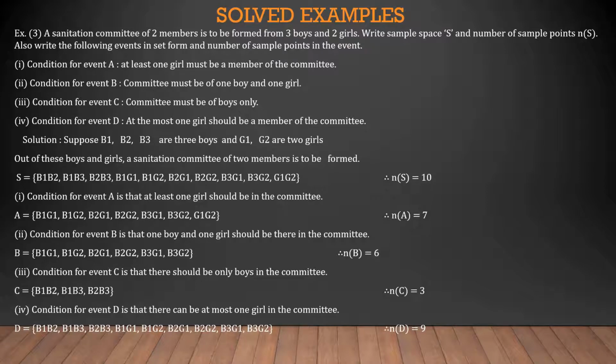At most one girl means it can be one girl itself but not more than one girl. It can be less than one girl, but it cannot be more than one girl. So these are the sample points in event D. The total sample points in event D are 9. So n(D) = 9.